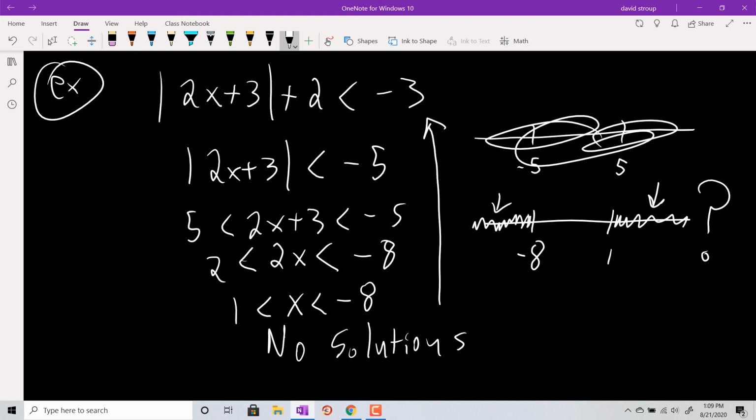It's always going to be something positive. If you put in an x value, the entire 2x plus 3 thing, once you take the absolute value of it, is going to be a positive thing. And then you're adding it to 2, which is also positive. A positive plus a positive is positive. It's always going to be greater than 0. It's never going to be less than -3.